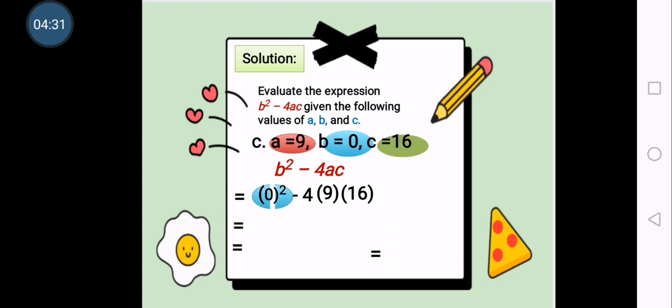So, ayan. 0 times 0 is 0. So, 4 times, unahin natin yung naka-parenthesis. 9 times 16. So, yan po ay 144. And then, negative 4 times 144, that is 576.